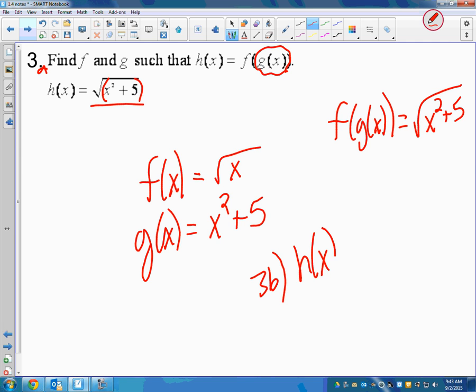What if I said 1 over x plus 3 squared? Looking for the inside function to be g of x, and then what's left on the outside that you would plug into to be f of x.